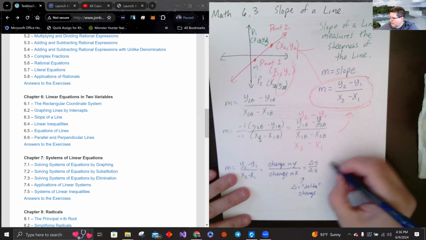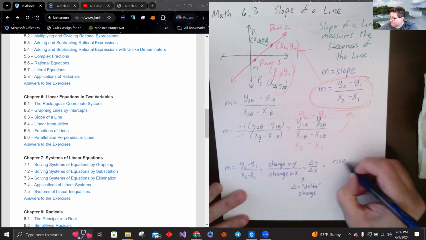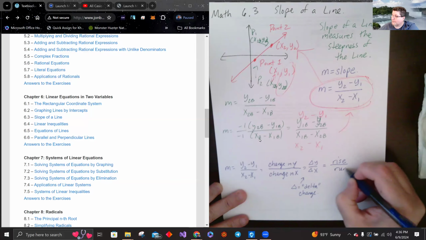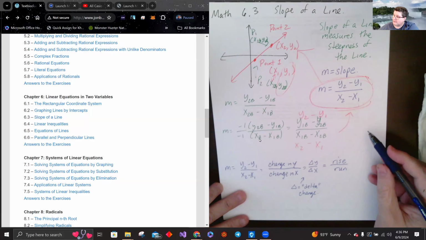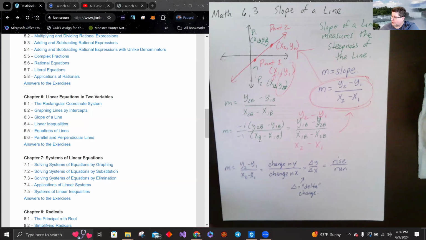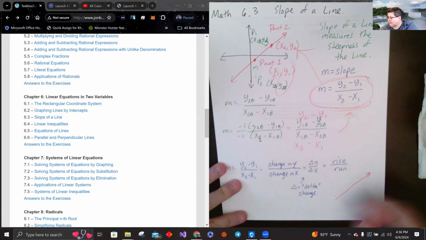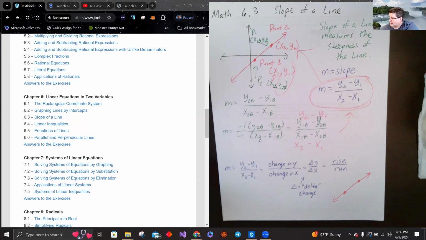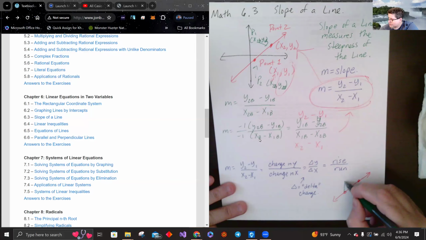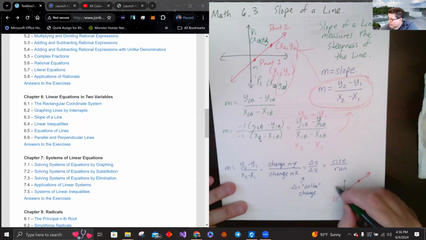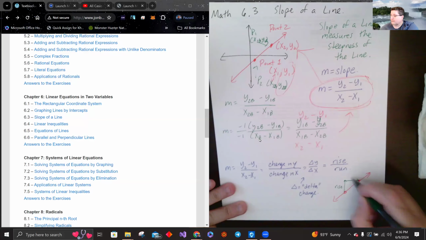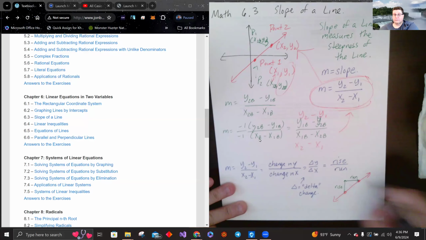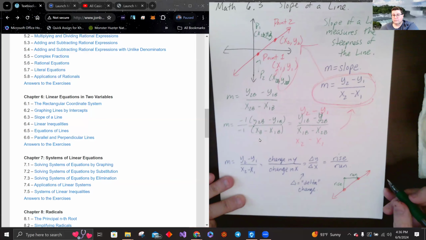And another way you might have heard it is rise over run. So for a line like this, the rise is how much it goes up, and the run is how much it goes to the right.